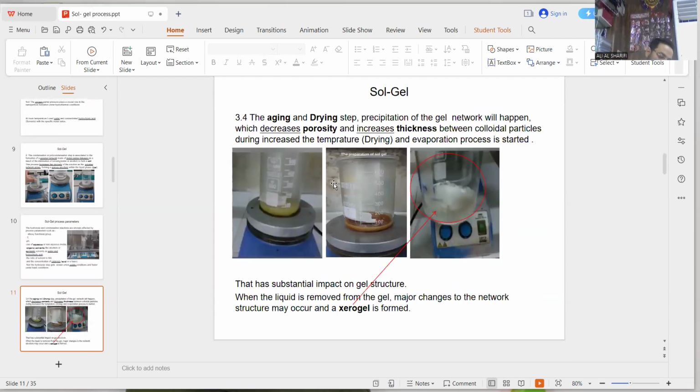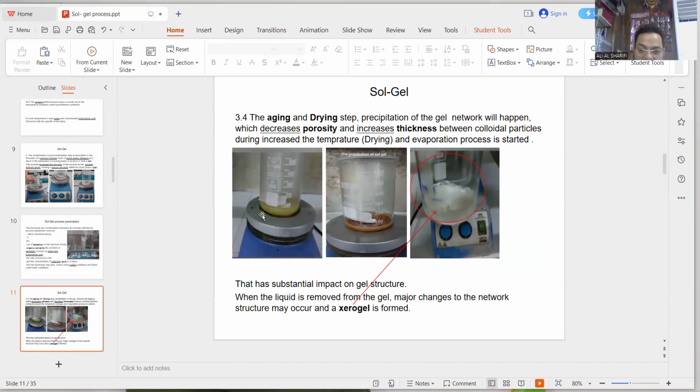Here, the third and fourth stages, the aging and drying stage. Precipitation of gel and collapse of the gel network will happen, which decreases the porosity and increases the thickness between colloidal particles.